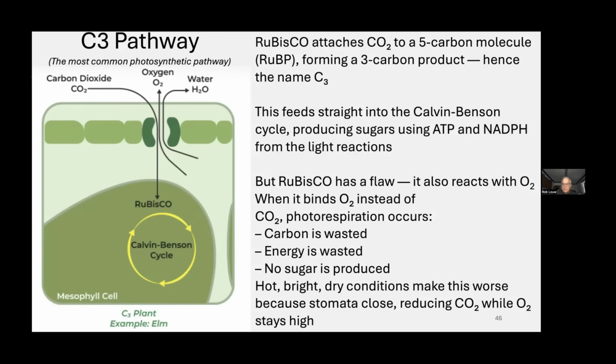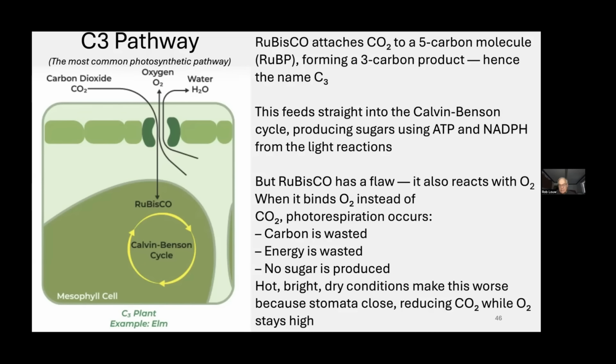But rubisco has a flaw. It also reacts with oxygen, when it binds O2 instead of CO2. A process known as photorespiration occurs. In this process, carbon is wasted, energy is wasted, and no sugar is produced.